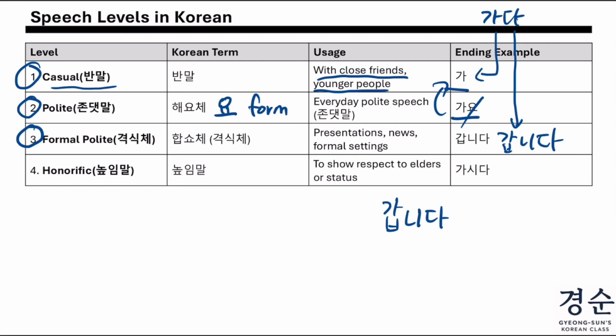And the fourth one, the honorific, the 높임말. It's used for elderlies, to show respect to elders or status. Even the base form is changed, as you can see here. From 가다, it becomes 가시다.